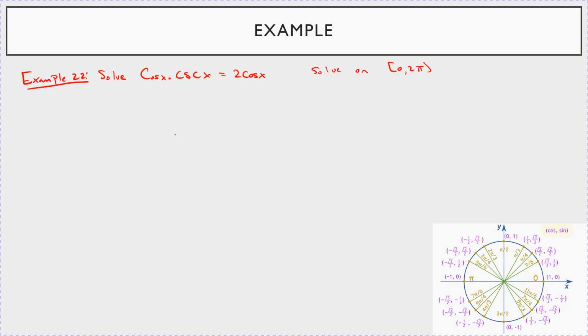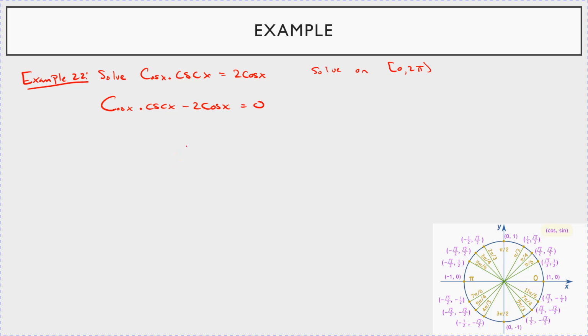Whew, this is tricky. So what are you going to do? You're going to start by subtracting this cosine over, and you're going to see why. So I have cosine of x times cosecant of x minus 2 cosine of x is equal to 0.